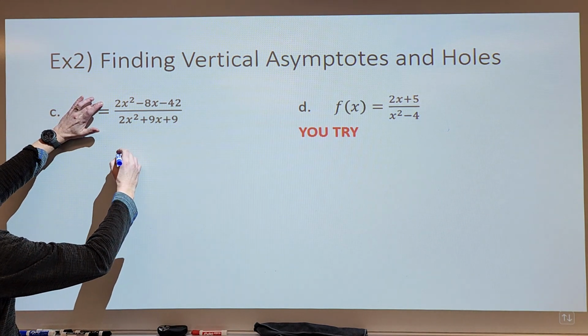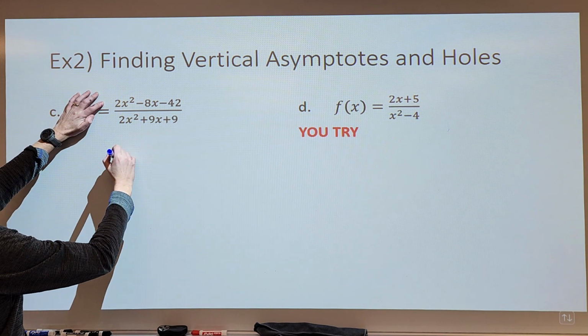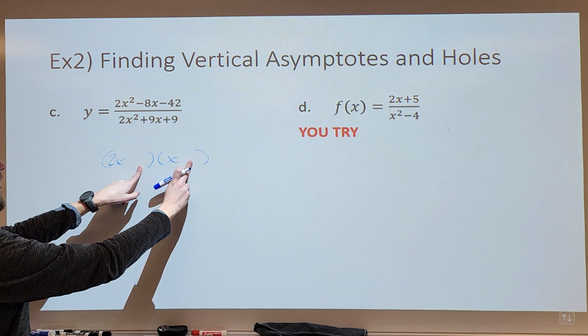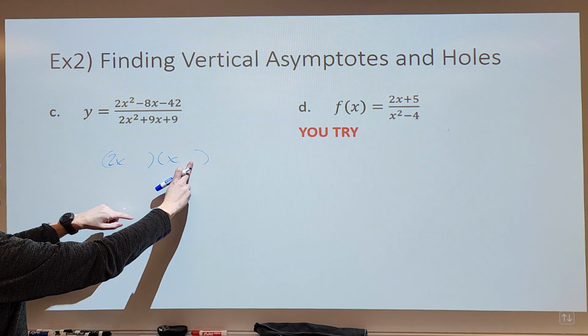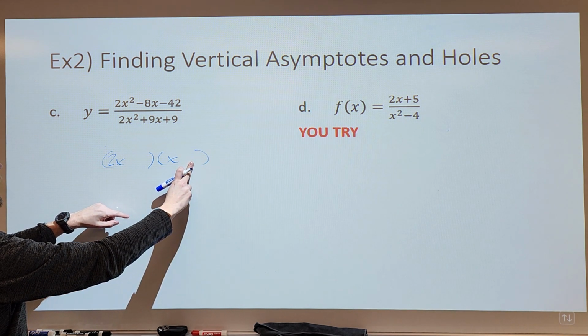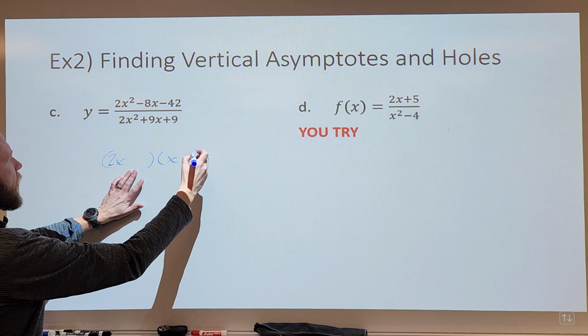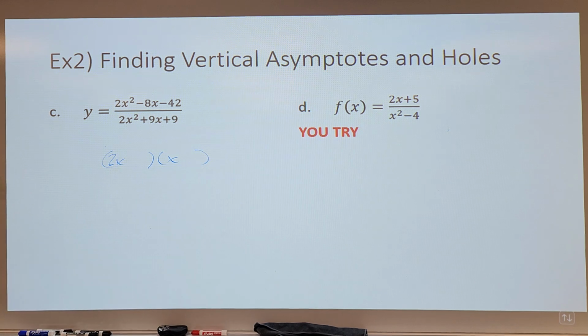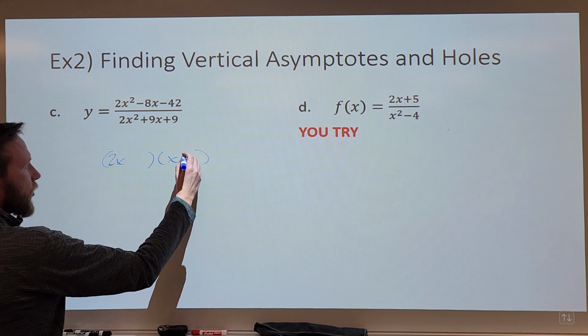And so when we are factoring these, I want to do a good job of factoring this. I know it's going to be a 2x and an x. I need to get negative 42 here, so it's going to be negative, what do I need, 6 and 7. If I do 6, that's not going to work. So I need to have 84 factors, 8 and 12. I'm kind of slow, give me a minute.